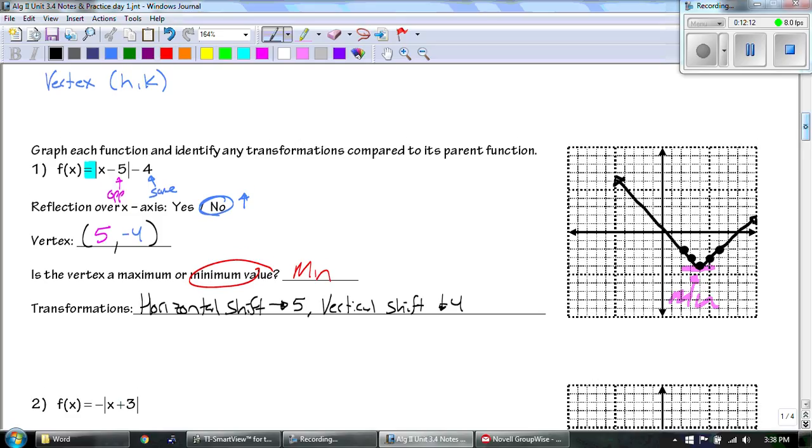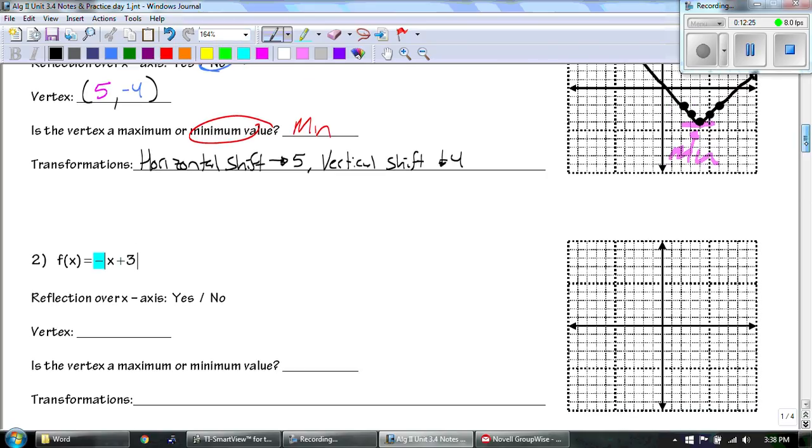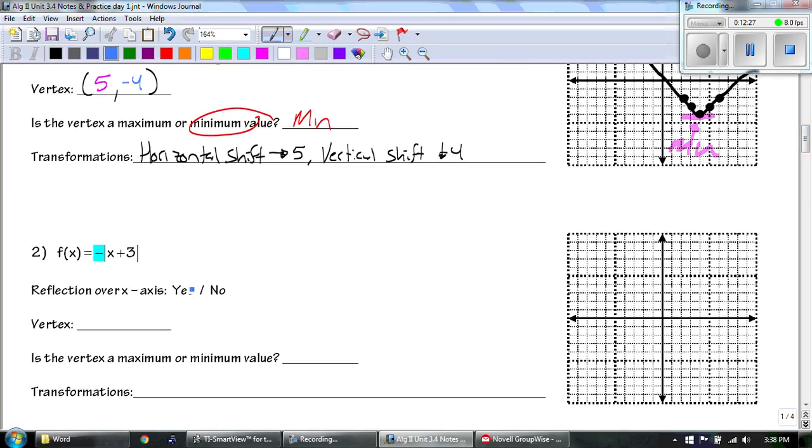All right, next one. So the first thing we look at, is there a reflection? And guess what? Yeah, there's a reflection. There's a negative. So I know that this is going to be going down.